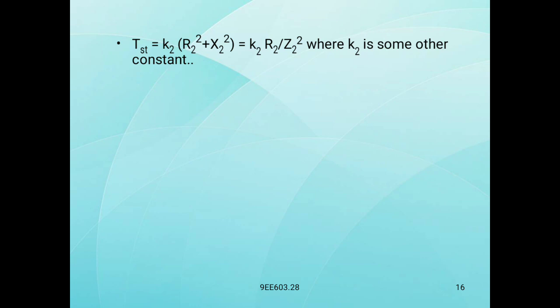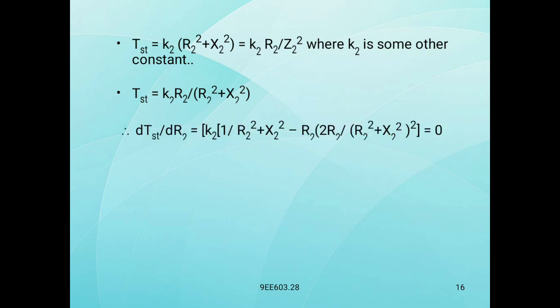Starting torque equals K2 R2 by R2 square plus X2 square, where K2 is constant. So here, K2 into R2 by Z2 square. Now, starting torque is equal to K2 into R2 by R2 square plus X2 square.